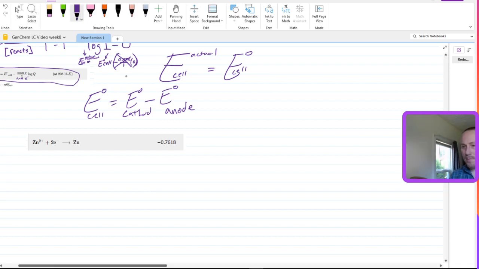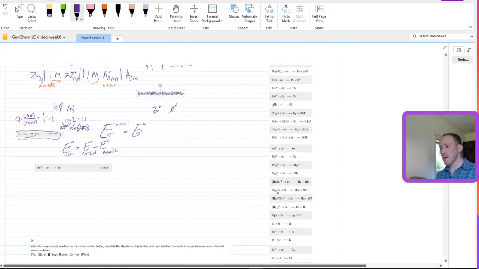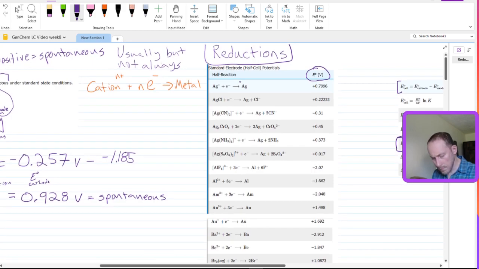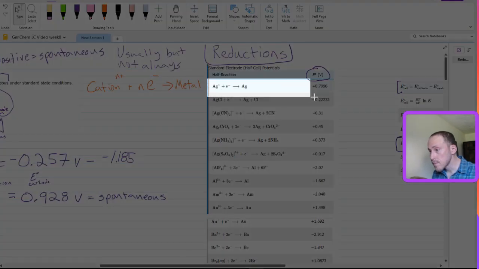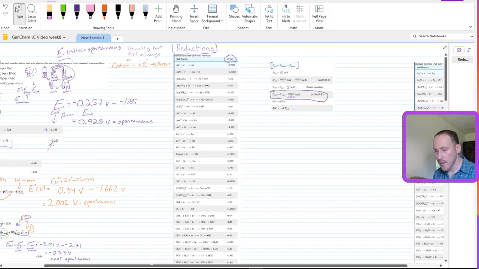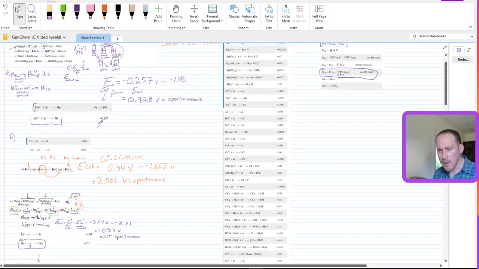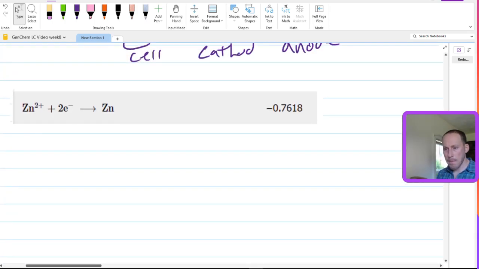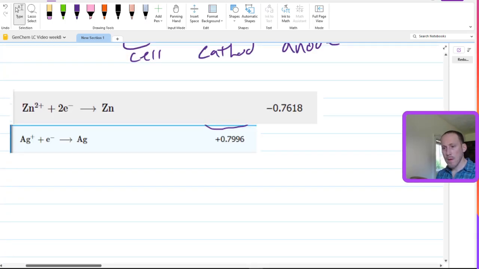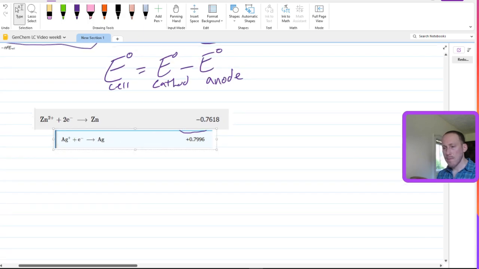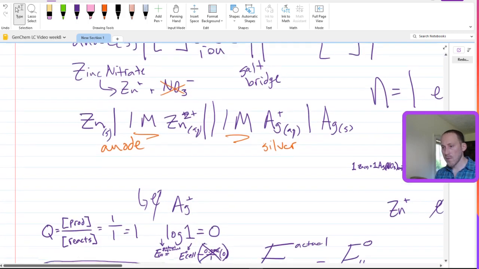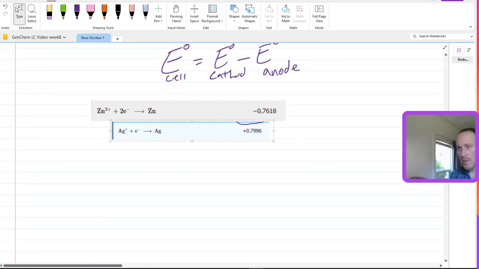So we have, oh, and let me grab silver while we're at it as well. Already did silver, of course, but now we grab it again. Okay, so really going on here are zinc, starting over.